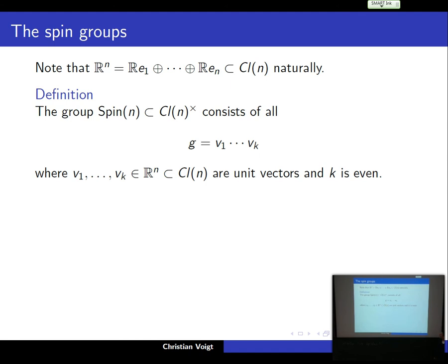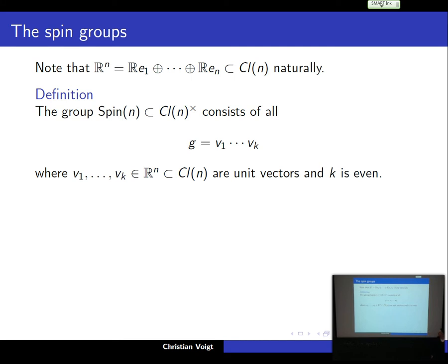And now one can look at the subgroup of the invertible elements in the algebra CLN, which are just of the form, well, take k unit vectors in Rn, so we take Rn with the usual Euclidean norm, and take a product of an even number of those, and look at the subgroup in the invertibles.